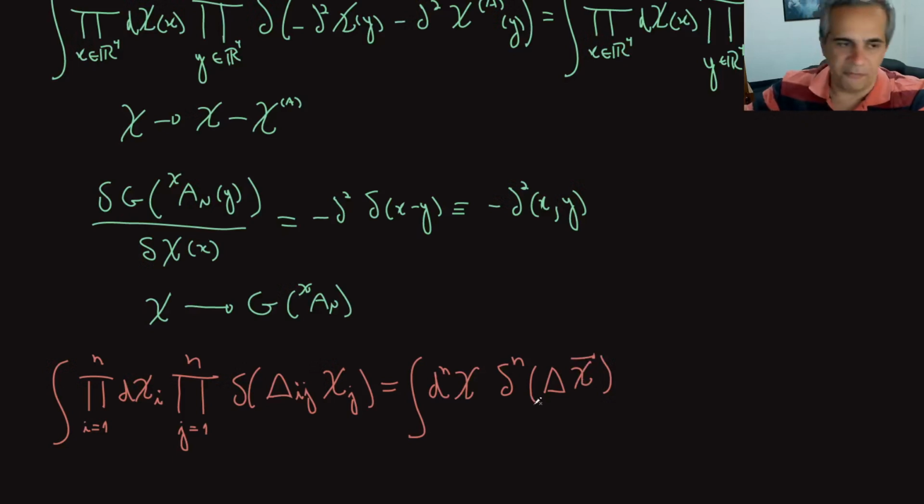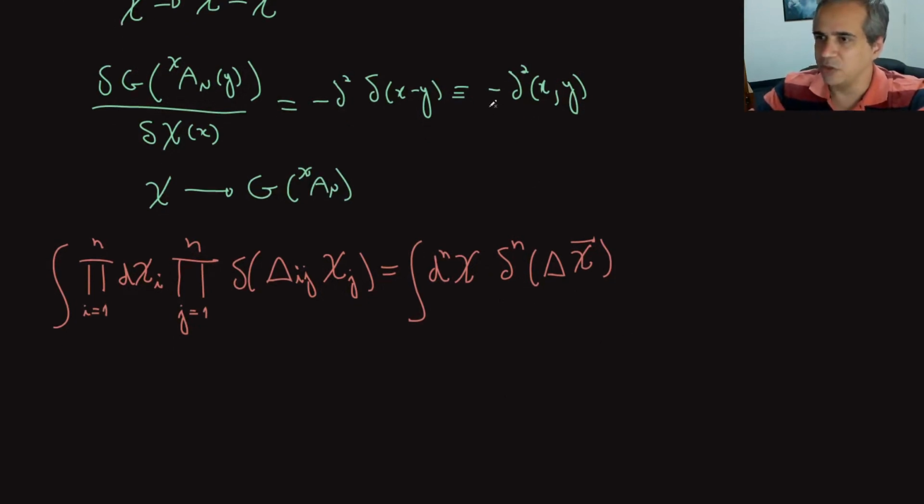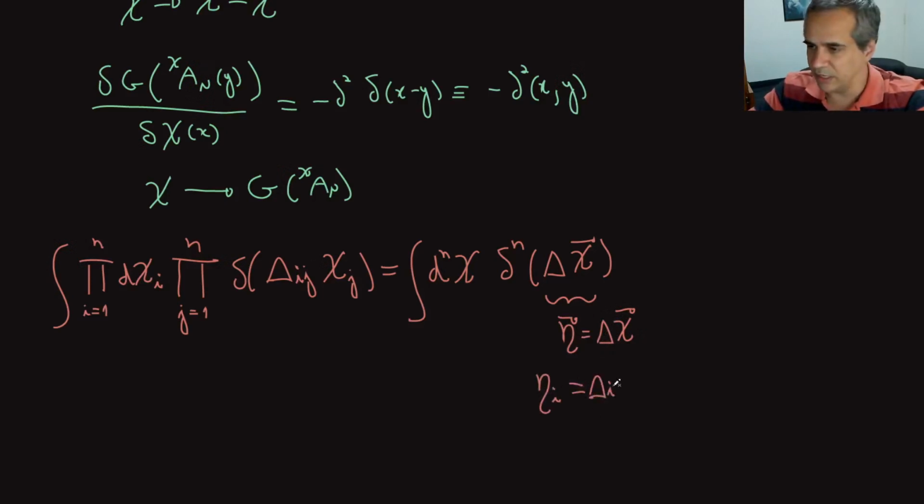Now think about the changing variables. If I change this integral from chi to some eta, which is another vector, same size as chi, given by delta chi, that means that the i component of eta is delta ij chi j, and the integration measure d^n eta will be the Jacobian, the determinant of this delta, times d^n chi.